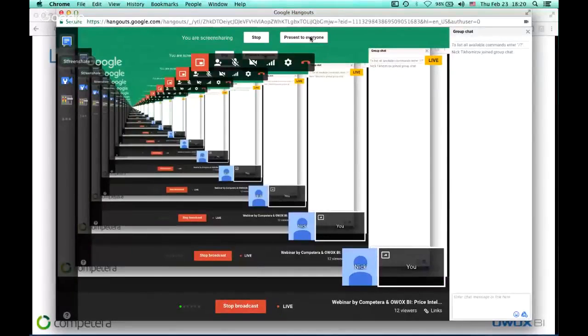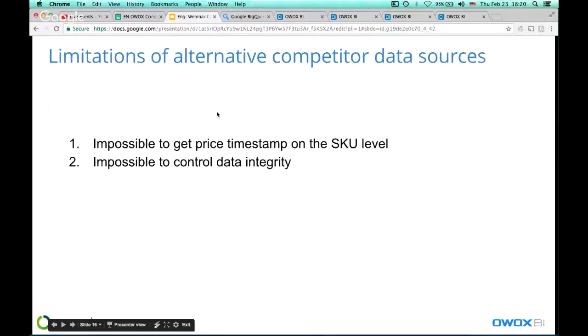As a result, we cannot fully rely on this data in our pricing decisions, and direct competitor website scraping with data timestamps makes your pricing decisions far more informed. Direct competitor website scraping.